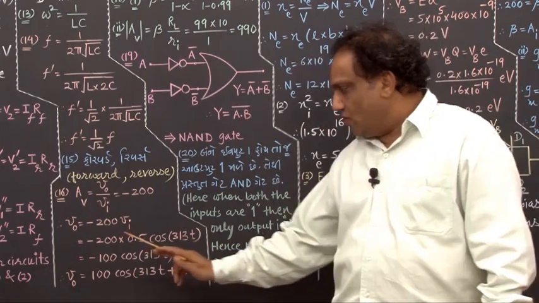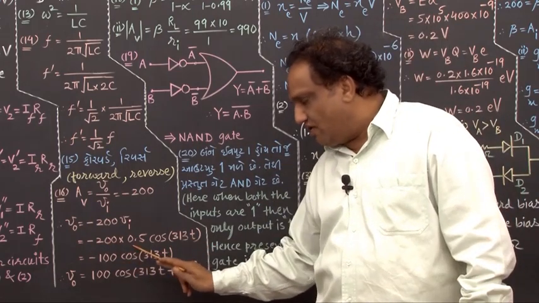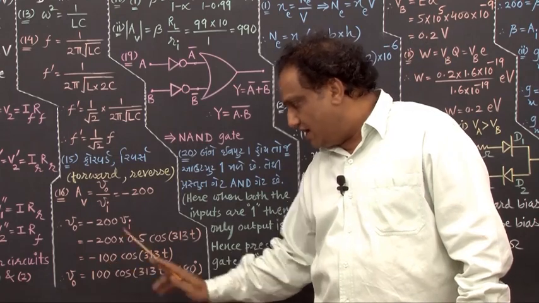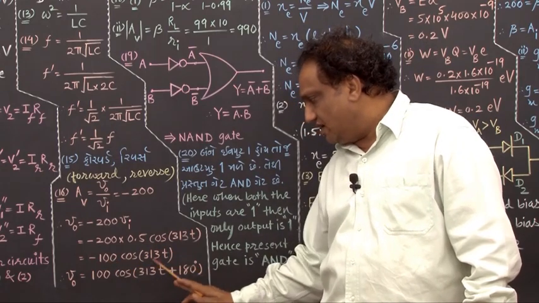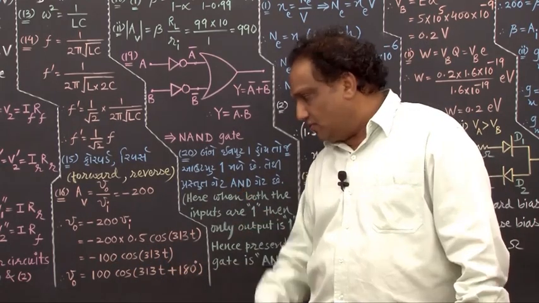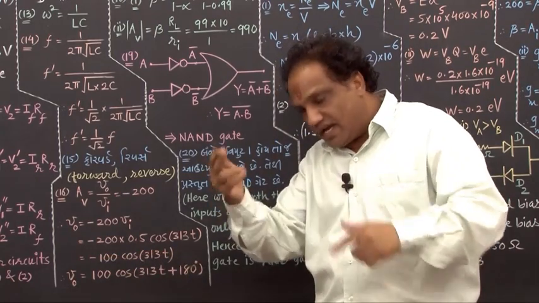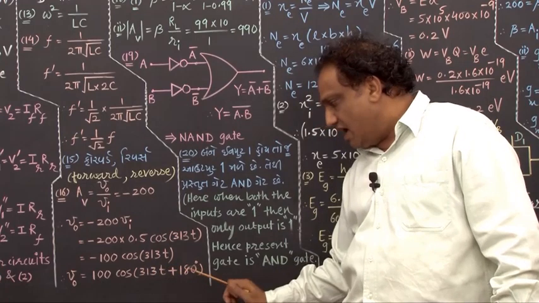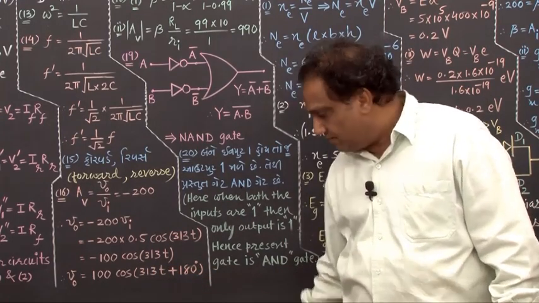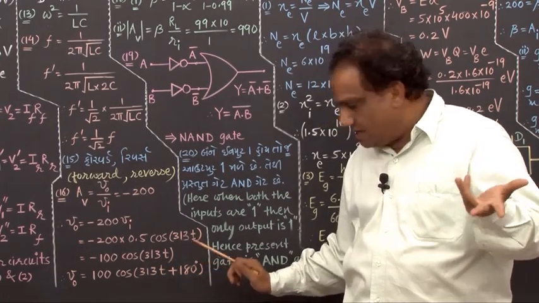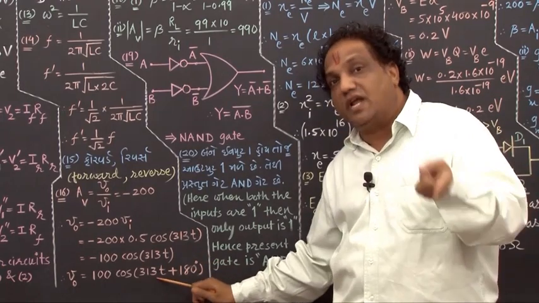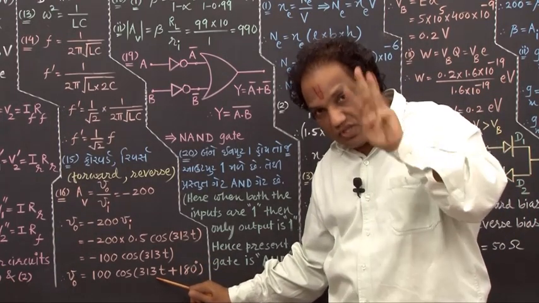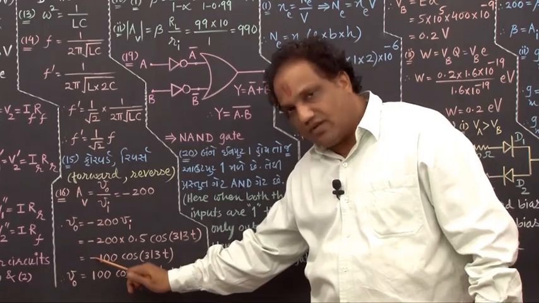Now minus 200 into 0.5 will give you 100 into cos of 313 into small t. This right hand side you can rewrite as 100 into cos of 313 t plus 180 degree, because 180 degree means pi radian, and pi plus something means you are entering into the third quadrant. For the third quadrant, cos function is negative, correct?